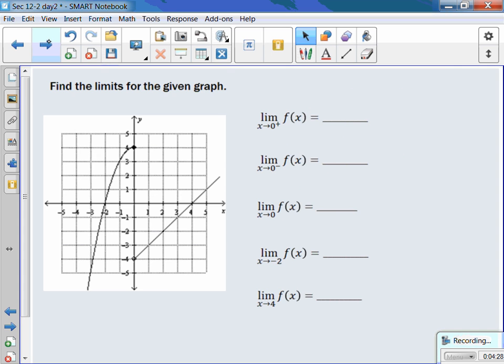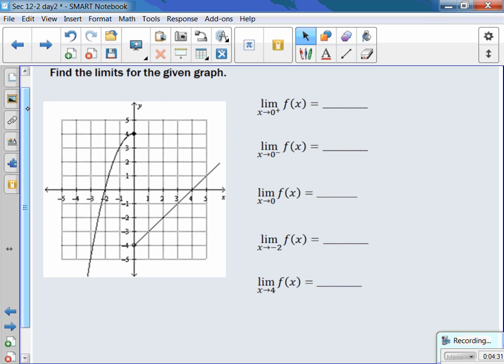Here we have the limit of f of x as x approaches 0 from the right. So which graph are we looking at? Straight line or the curved line? Straight, absolutely, because we're coming from the right, so we're using that straight diagonal line. As it gets closer and closer to x equals 0, it looks like it has a value of negative 4.